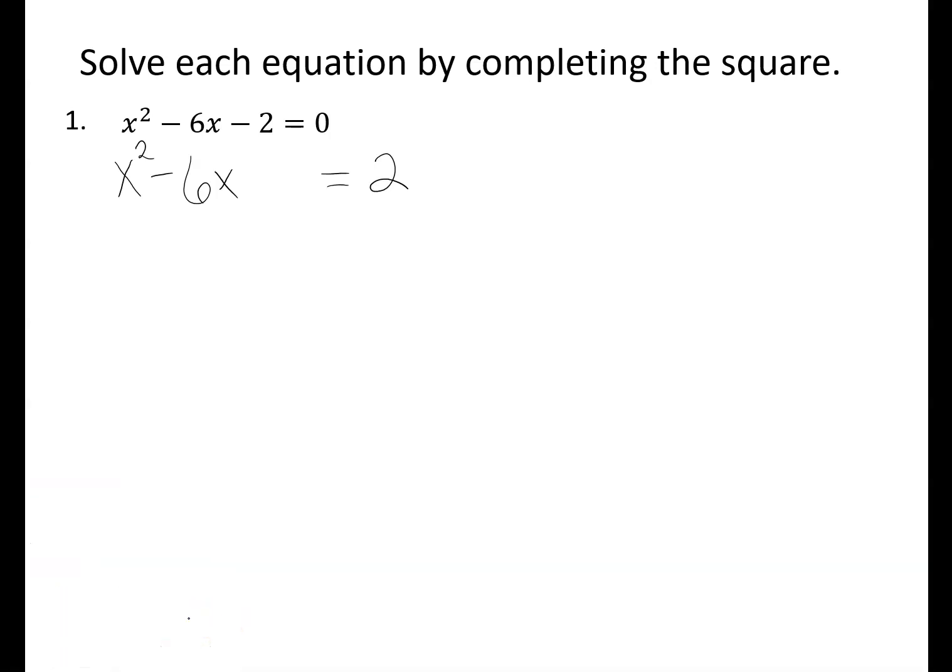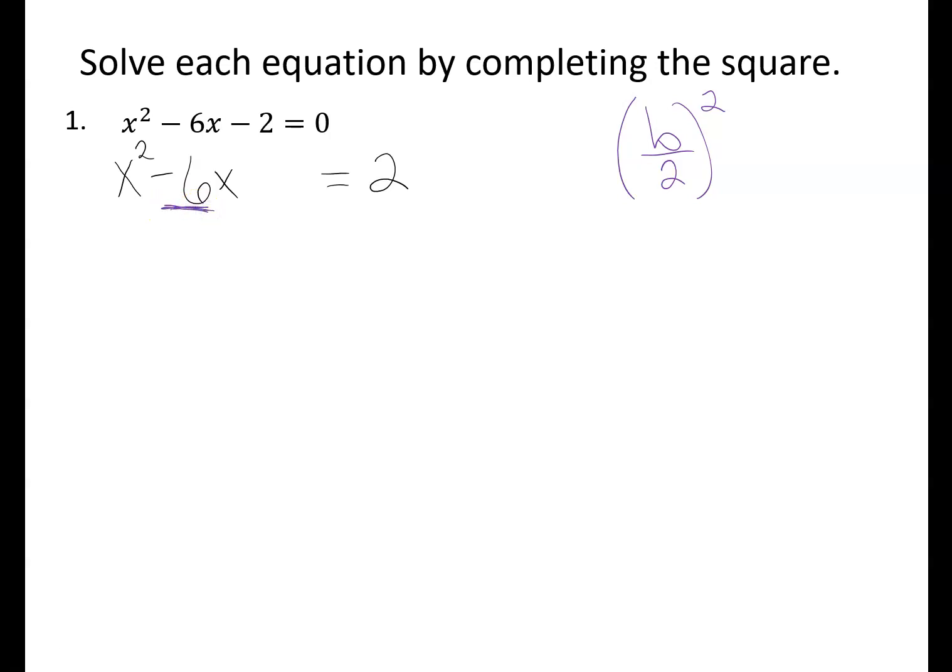1/2 b squared. So I'm actually going to go ahead and write that instead of 1/2 b as b divided by 2 squared. So we're going to do that out to the side. Now, this equation is in the form ax squared plus bx plus c. b is the coefficient of the x.